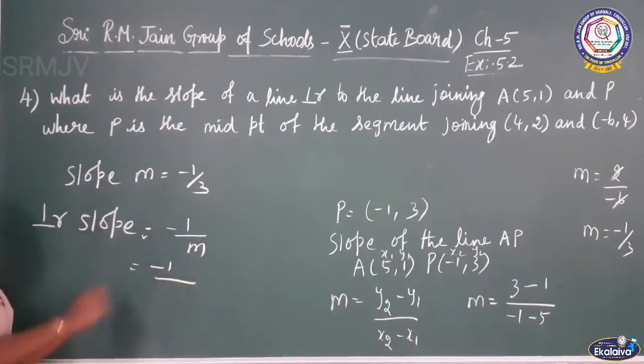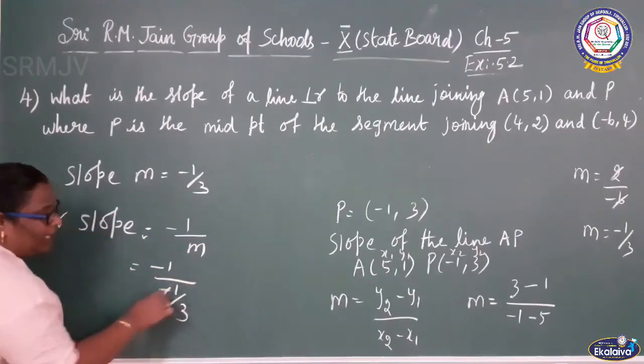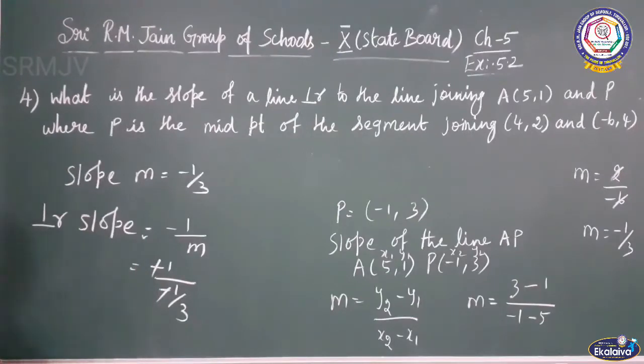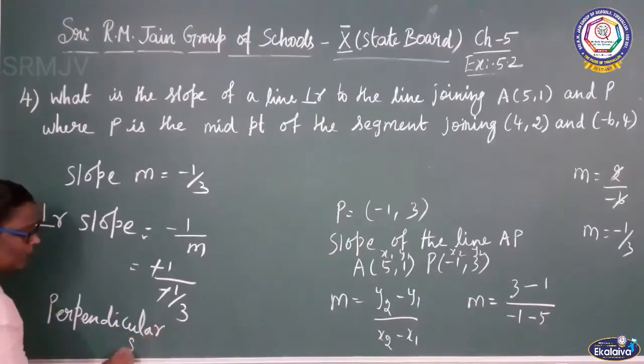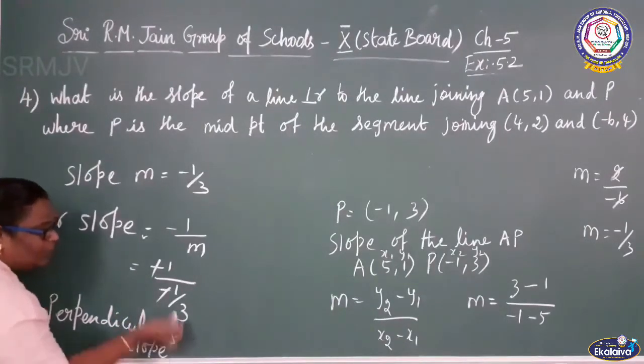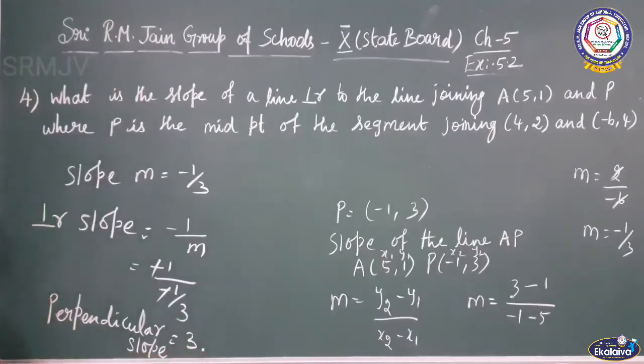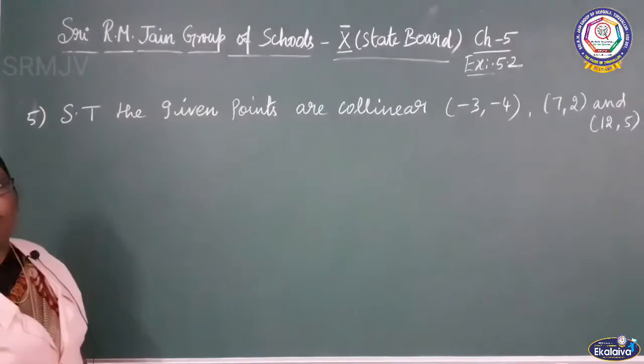What is the value of m? Minus 1 by 3. So it cancels, and the perpendicular slope is the reciprocal of that value, which is equal to 3.